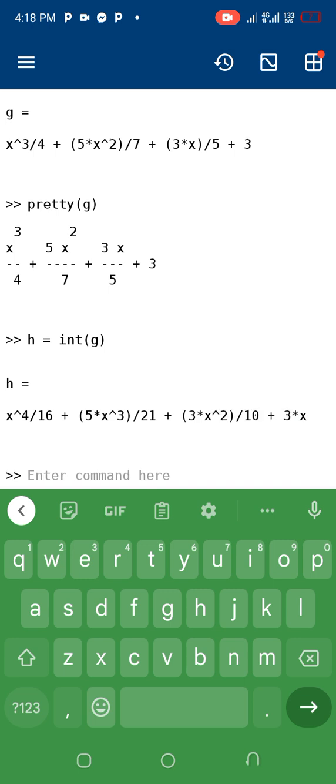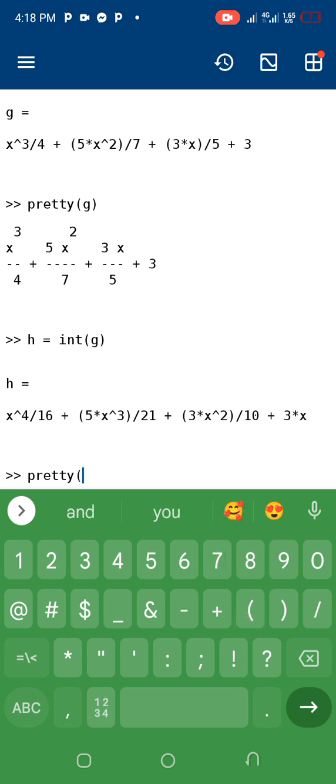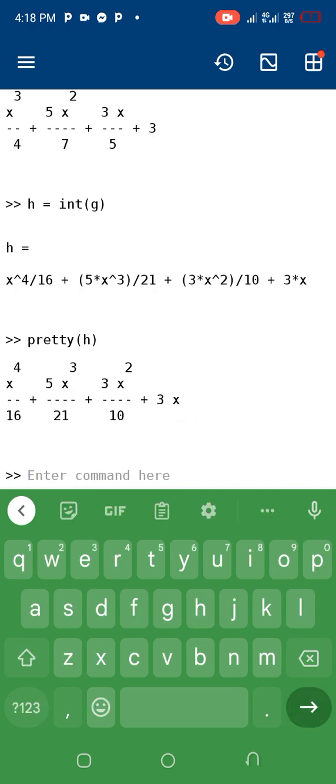Now I will have this. Let me print it in a human readable form using pretty. So pretty of h. So I will have x to the power 4 out of 16 plus 5x cubed out of 21 plus 3x squared out of 10 plus 3x.